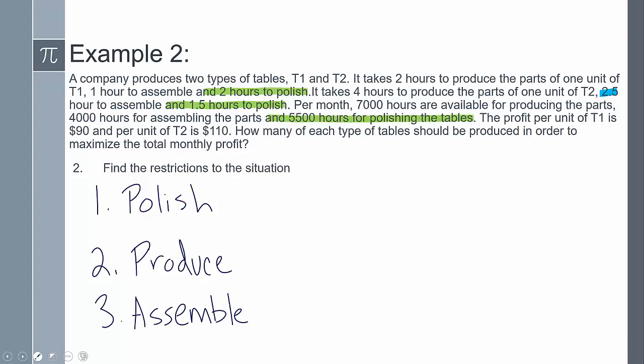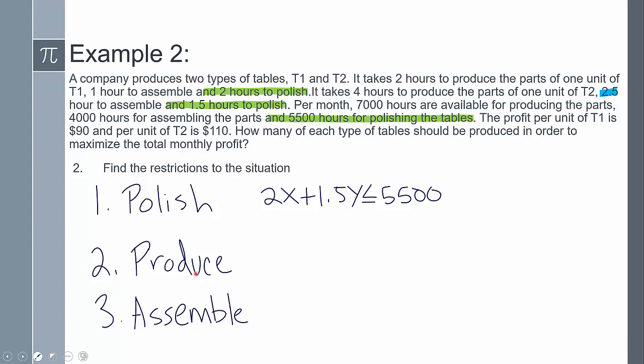It said 2 hours to polish, 1.5 hours to polish, 5,500 total polish. So for table 1, it said 2 hours to polish. That's 2x. 1.5 for table 2, so that's 1.5y. And so the maximum amount of hours is 5,500, so that's going to be less than or equal to 5,500.